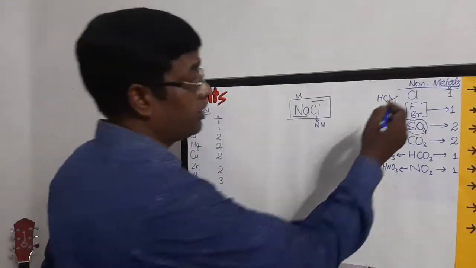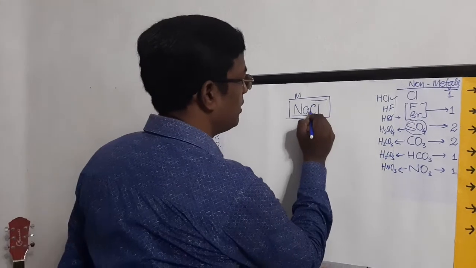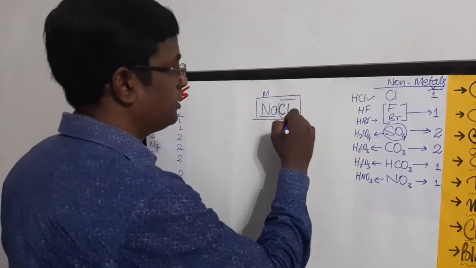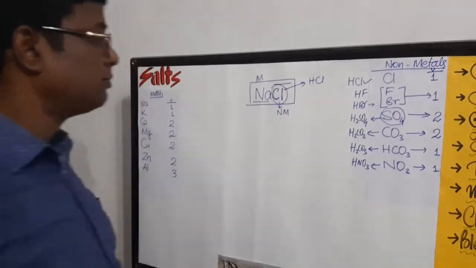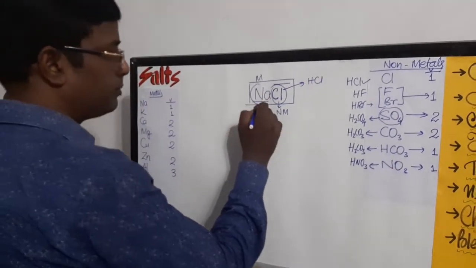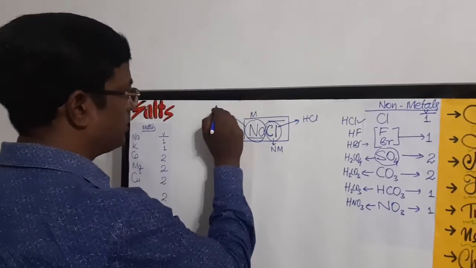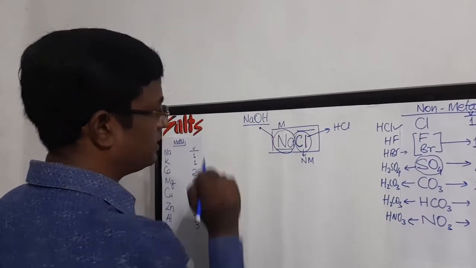Very important. If you see any Cl here, this Cl definitely is contributed by the acid part HCl, and sodium is being contributed by sodium hydroxide. This is the base.